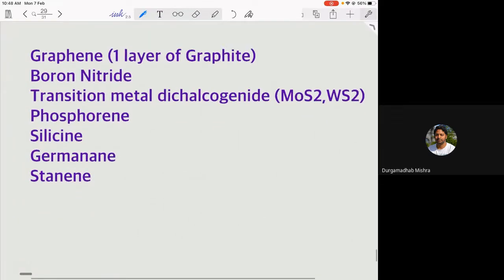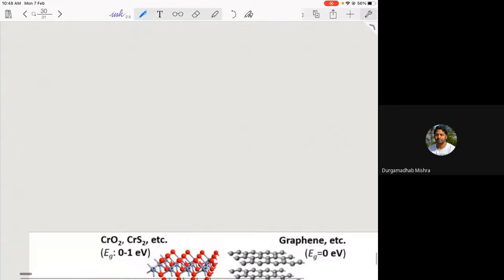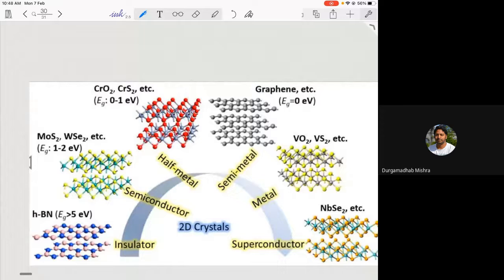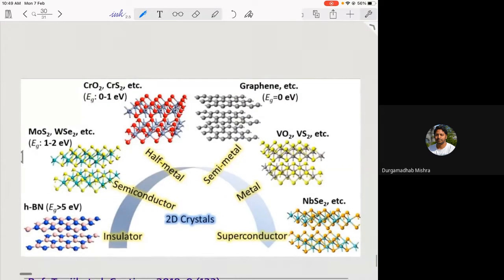If you look at their properties, one property is the band gap. You can have a 2D material which is an insulator, such as boron nitride. It can be an insulator, a semiconductor, metallic, or even a superconductor.